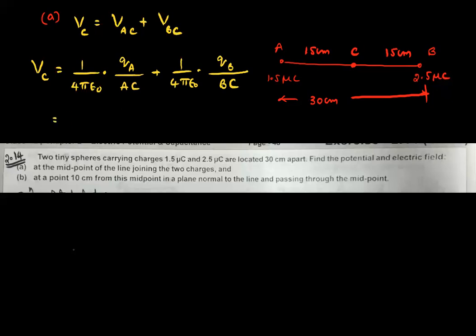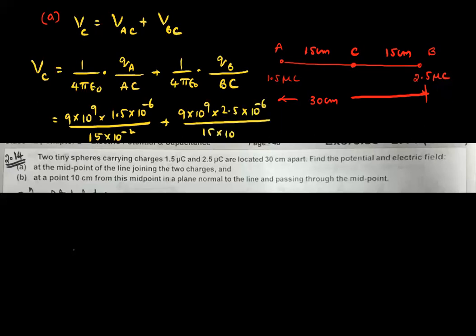Then we can write it as 9 into 10 to the power 9, charge is 1.5 into 10 power minus 6 divided by 15 into 10 power minus 2, plus 9 into 10 power 9 into 2.5 into 10 power minus 6 divided by 15 into 10 power minus 2. On simplification, we'll get this answer as 2.4 into 10 power 5 volts. It is time consuming, so I'm doing the calculation directly for you. 2.4 into 10 to the power 5 volts.